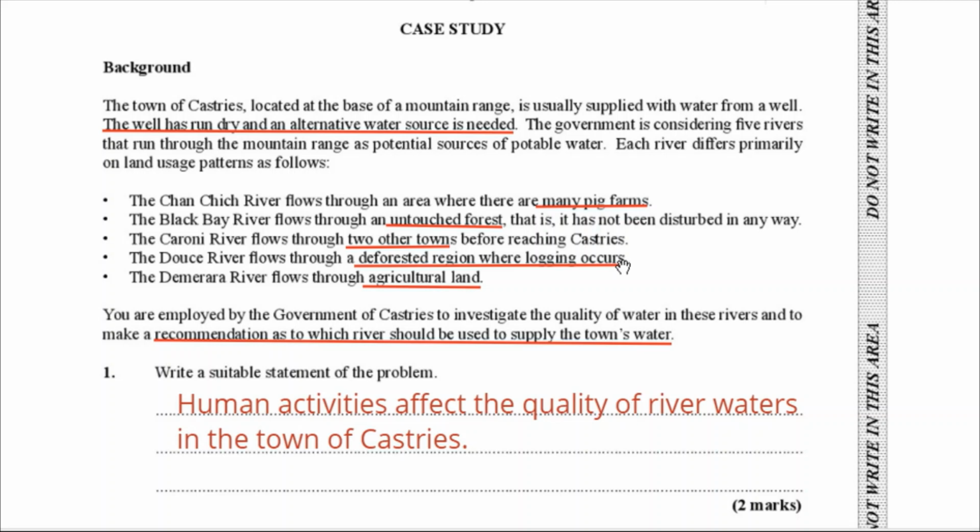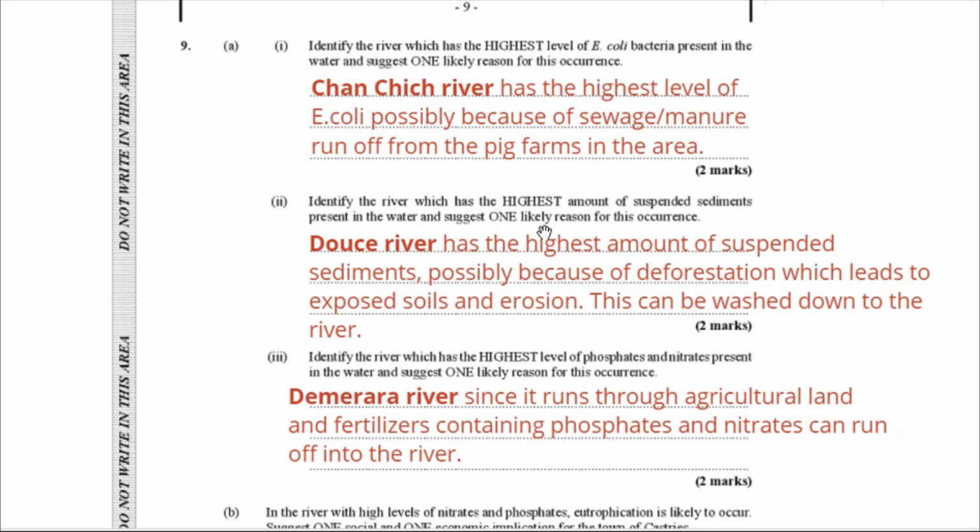It's very easy now for the soil to be washed off and end up in the Deuce River. That is how you can have such a high amount of sediments in the river. It could even be debris from the actual logging process, cutting down the trees. All of these things you can consider as a suggestion when you're answering the question.